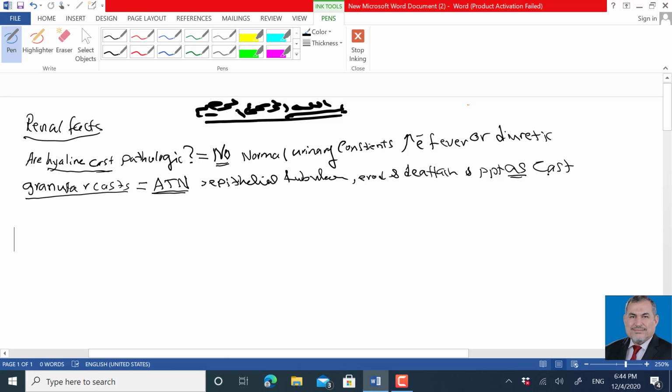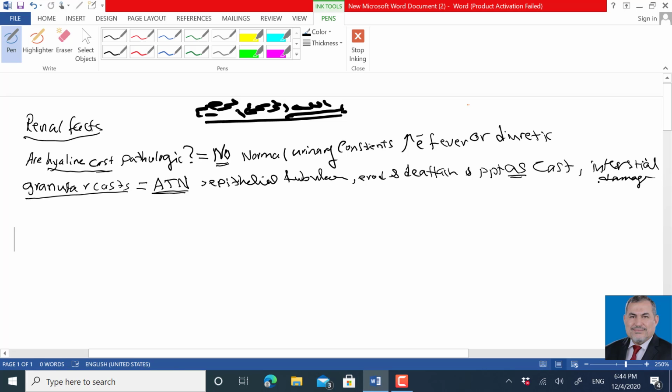Okay, so this indicates acute tubular necrosis and interstitial damage.